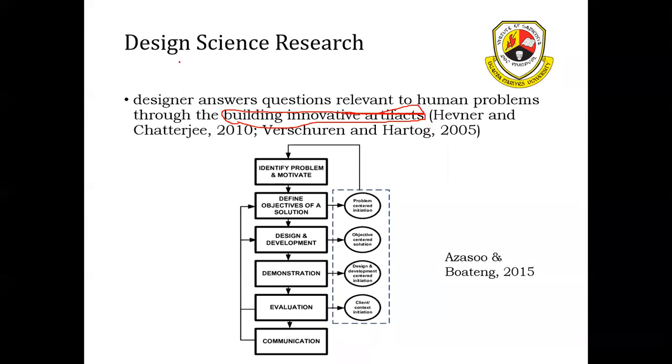Now, design science in particular focuses on building artifacts, producing research which is building artifacts. As undergraduates, you won't be expected to go as far as design science research does, but here's what it does.